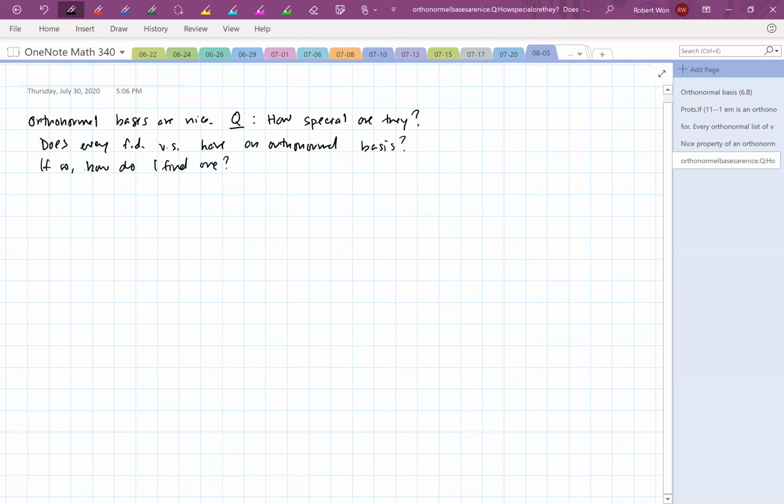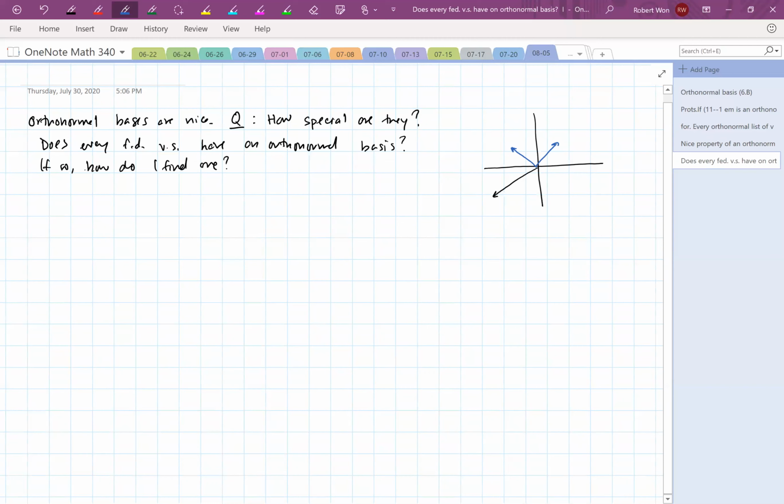Okay, so maybe if you think about Rn, it seems reasonable to expect that maybe you can always find an orthonormal basis. Right? So if you imagine, I don't know, R3 sitting like this, and you take any old vector you want, then it's certainly easy enough to find an orthogonal vector.